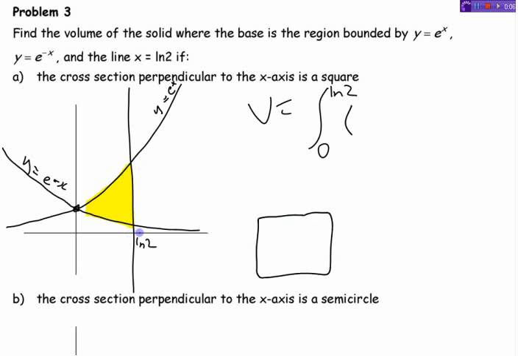The difference between those functions, e to the x minus e to the negative x. So it's that squared, dx. The length of the side of the square is the difference between them. So whatever that gives you on the calculator.